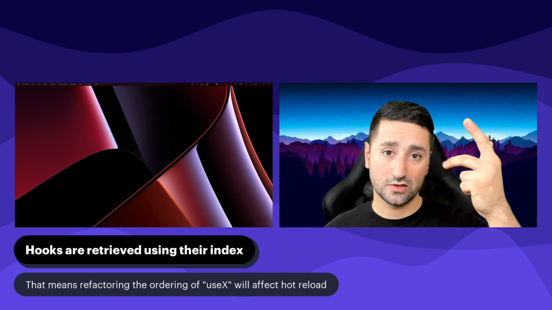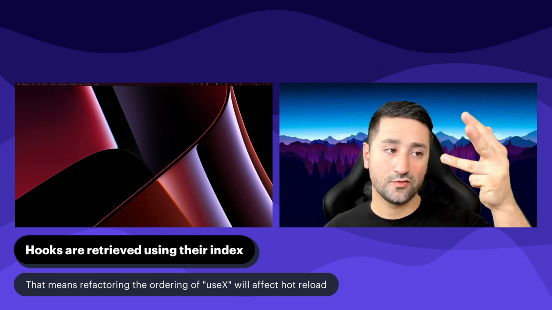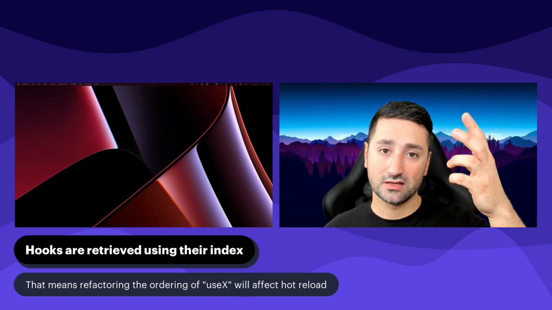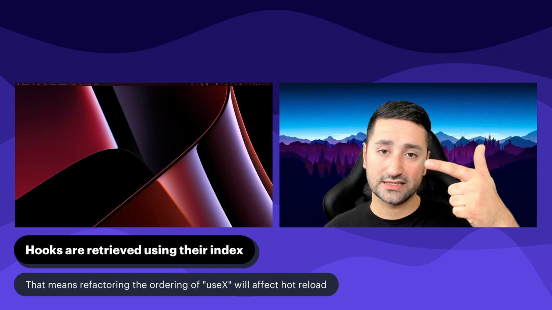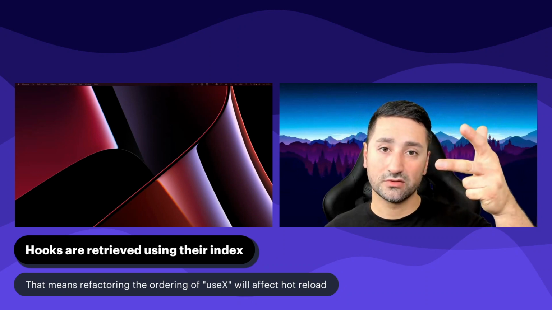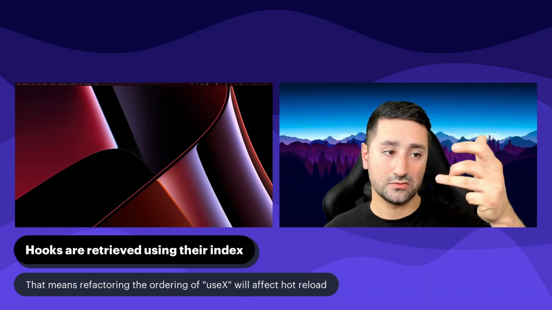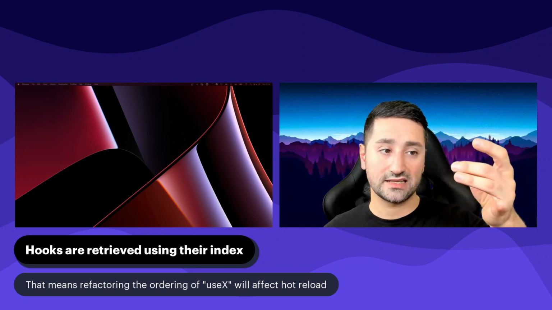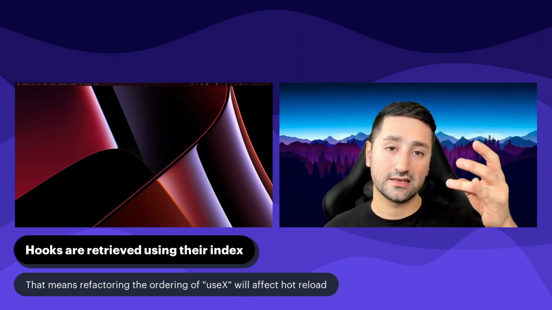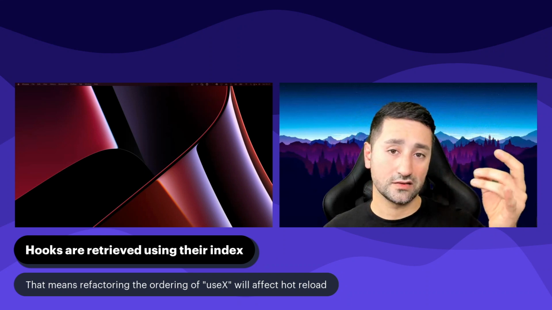Then hook 4 and 5 will be rebuilt, because 1 and 2 stayed at the same place that they were. 3 was removed, meaning that 4 comes to the previous place that 3 occupied, so the index of the 4th hook is all of a sudden the 3rd hook.